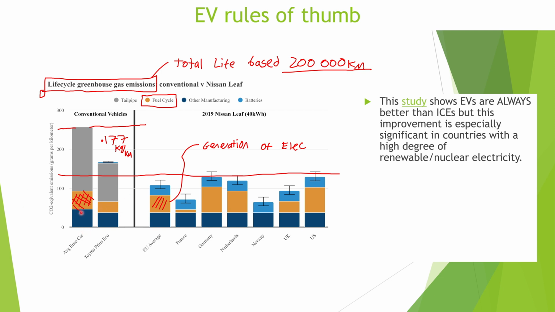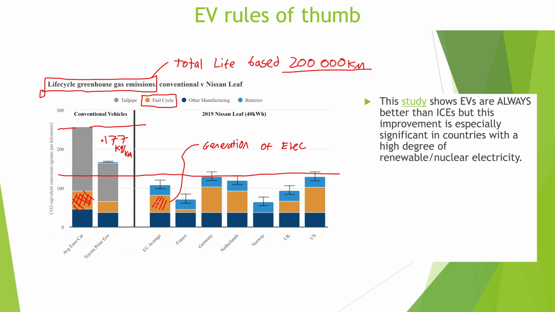Now, the dark blue represents the manufacturing of the vehicle for conventional and hybrid, and the light blue represents the manufacture of the propulsion battery. So a hybrid's got a fairly small propulsion battery, so you can see a small sliver of light blue here. Obviously electric cars have a big propulsion battery and normal vehicles don't at all.